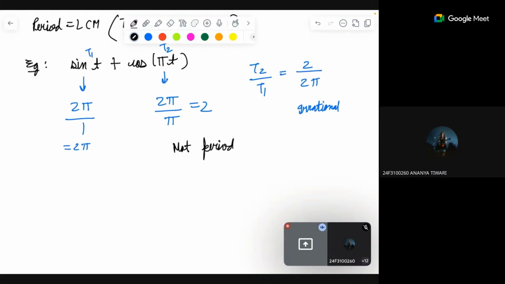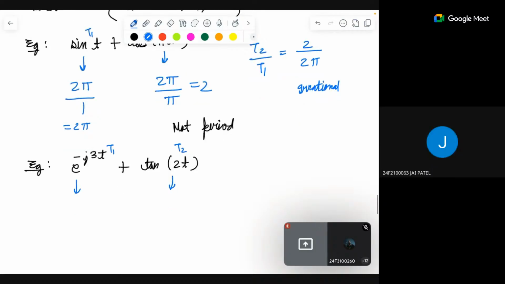Now let us take another example. E raised to the power of minus j 3t plus tan 2t. Can someone tell me the period of the first signal? 2 pi by 3. Yes, 2 pi by 3, because in the Euler signal this is omega. And what about tan 2t?